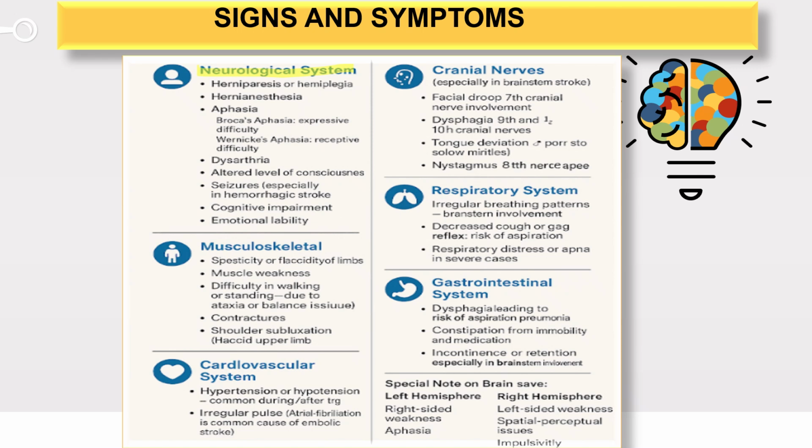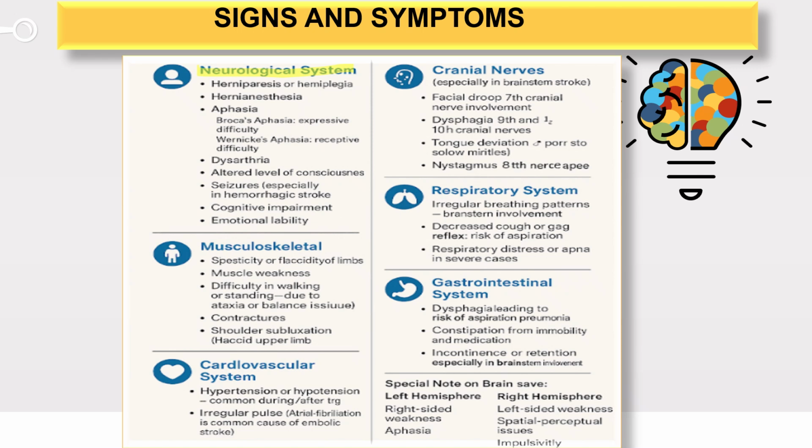Cranial nerve involvement. For example, the seventh cranial nerve is involved with facial droop. Ninth and 10th cranial nerves will be involved with dysphagia. There is also slow movement of the tongue and tongue deviation, which will be involved when some cranial nerve is involved.